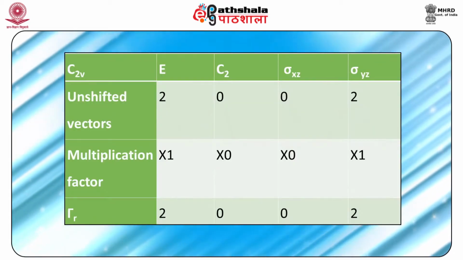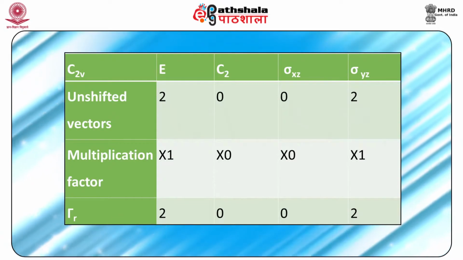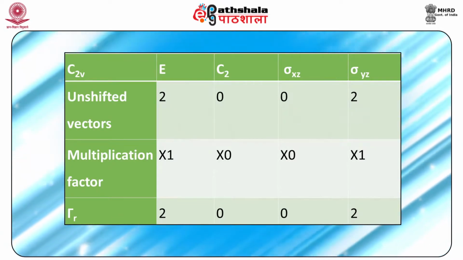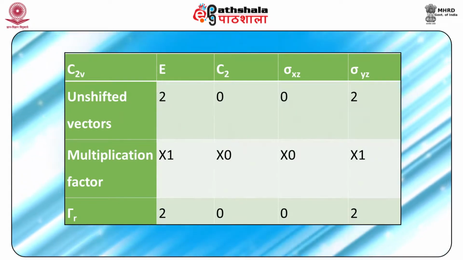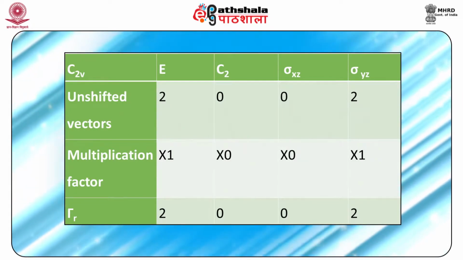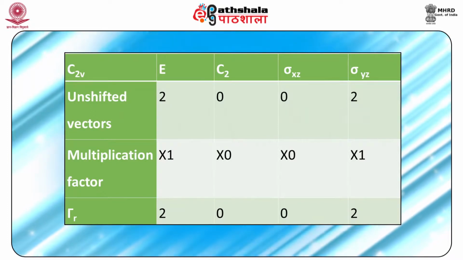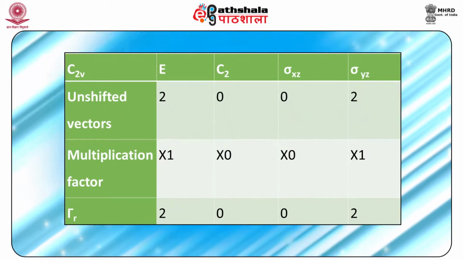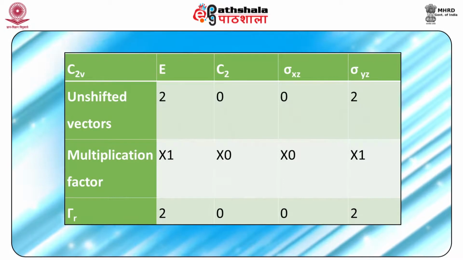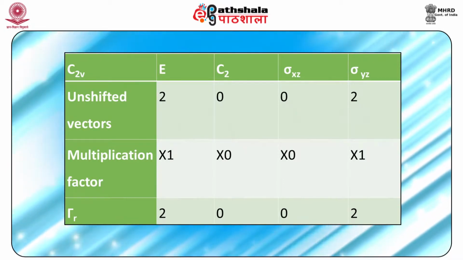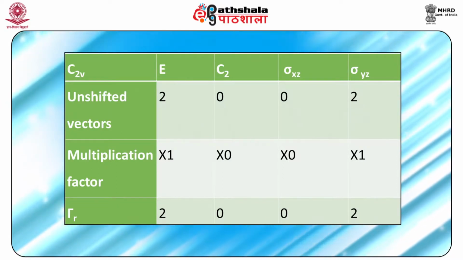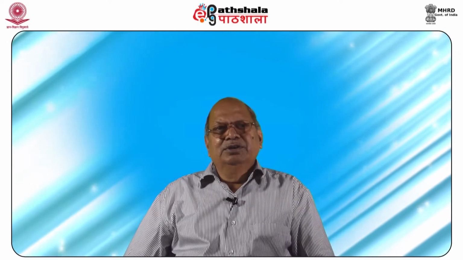So, the results are summarized as unshifted vectors 2 0 0 2. Multiplication factors are given and then gamma R is 2 0 0 2 and this gamma R can be reduced to A1 plus B2. It means the ligand group orbitals must be of small a1 and small b2 type orbitals.